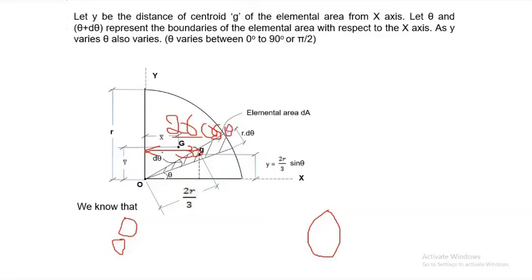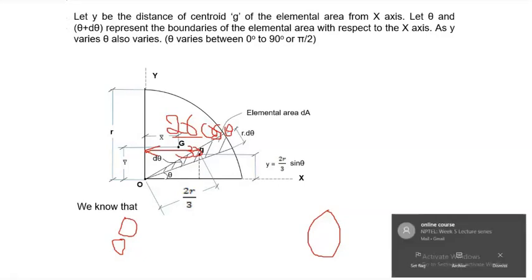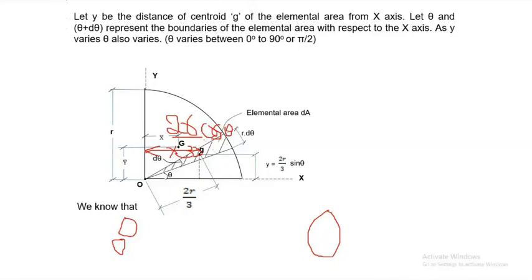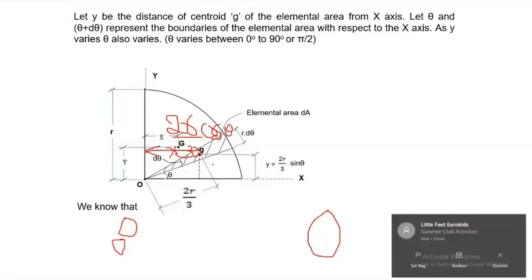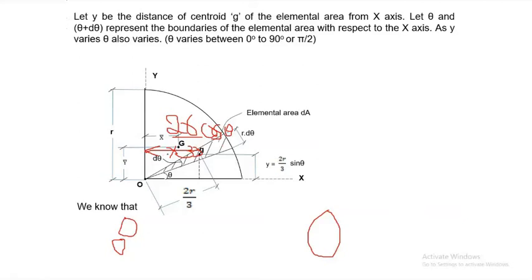So the x value: the distance of the centroid, small g, from the y-axis is nothing but x, and x is equal to 2r by 3 cos theta. That is one difference. The elemental area dA will remain the same, and the area of the quarter circle also remains the same.